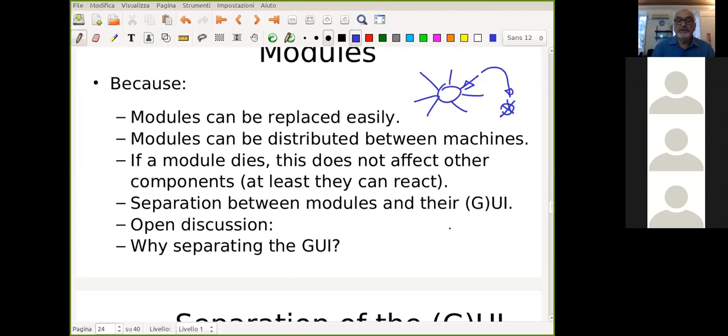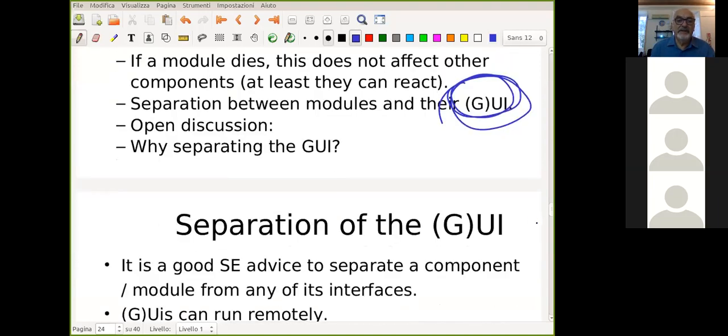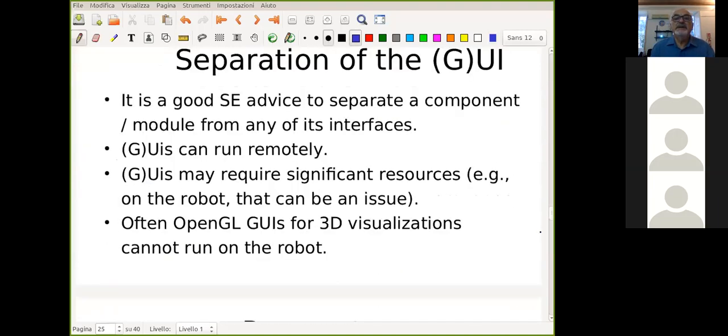One of the most important modules is the graphic user interface. When you write a complex program, you have in any case a graphic user interface, but in robotics it's very, very important and must be completely separated.